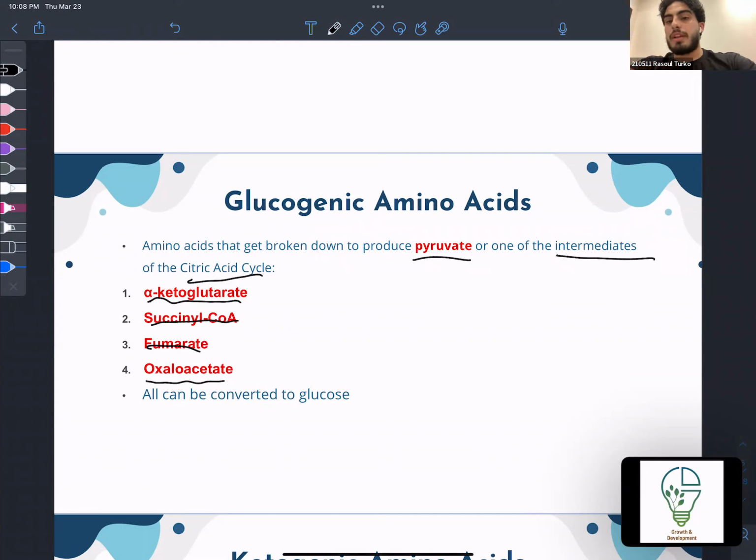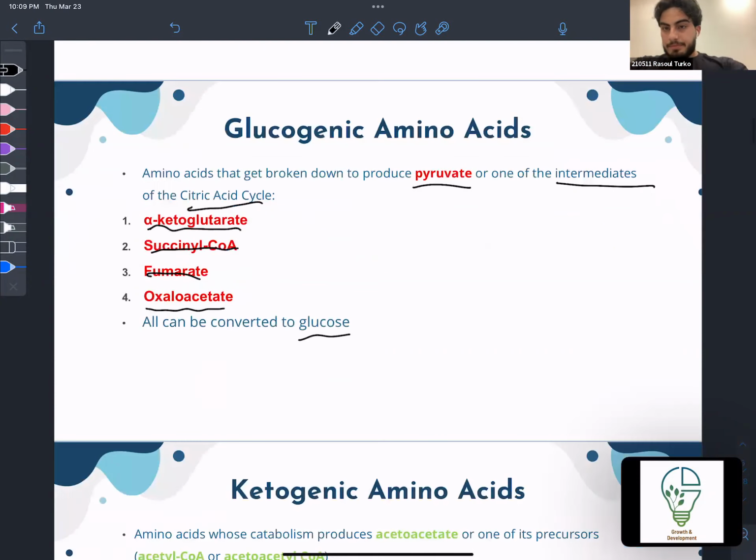What we tried to do is make that memorizing as simple as possible, with mnemonics to make it easier. But this is one of those slides where you have to memorize the products that make an amino acid glucogenic: pyruvate, alpha ketoglutarate, succinyl-CoA, fumarate, and oxaloacetate. Those are substrates that give us glucose in the end, which makes it a glucogenic amino acid.